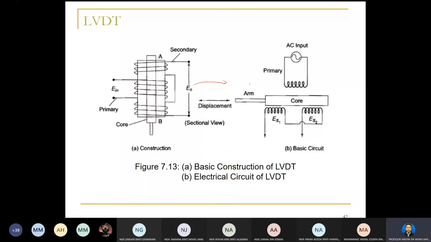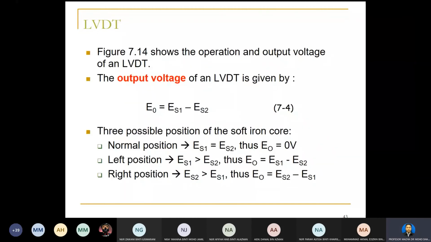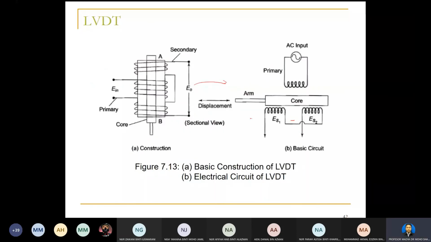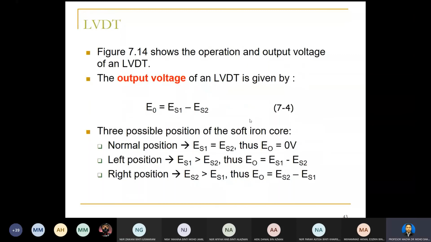Okay, so this is a formula you have to know to calculate the output voltage of the LVDT: E0 equals S1 minus S2. You can see S1 minus S2 gives the V out, E0. Right, so there are three possible positions of the iron core.